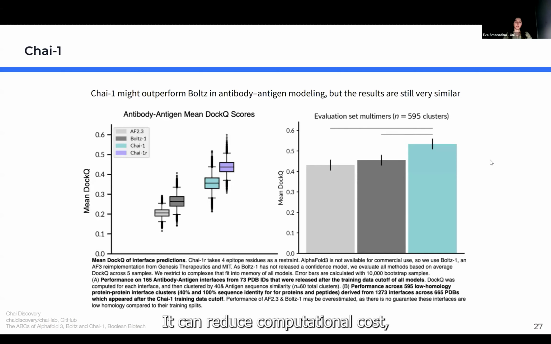It can reduce computational costs and increase accuracy, because in general, both physics-based tools and AI models are able to predict smaller proteins and complexes more accurately. So I would start by getting a subunit, predicting it, and then rearranging the subunits together as a complex, if you know in general what they look like.